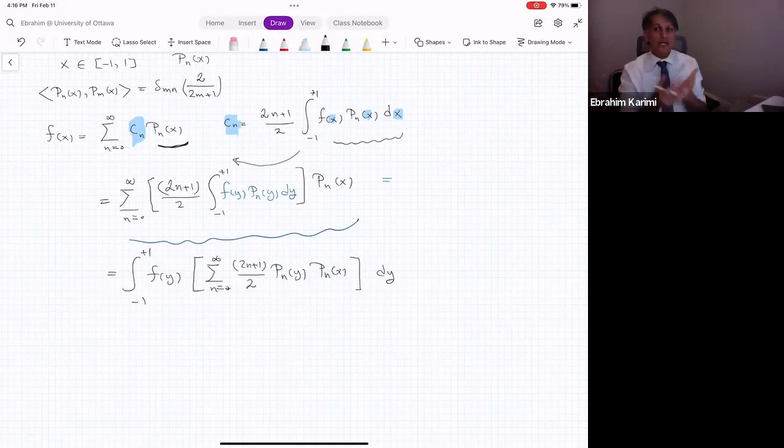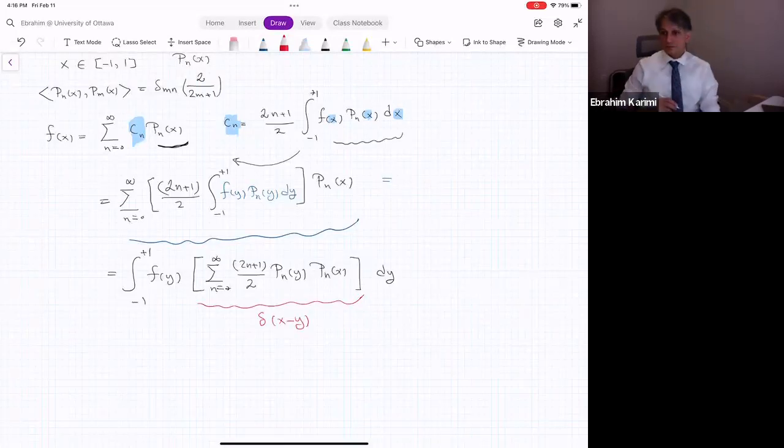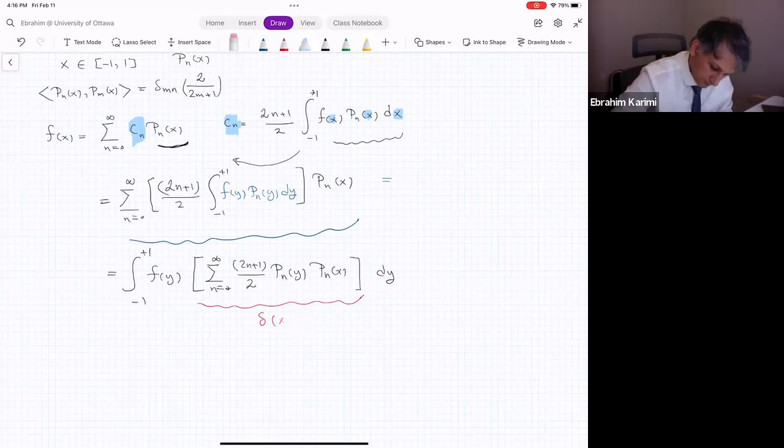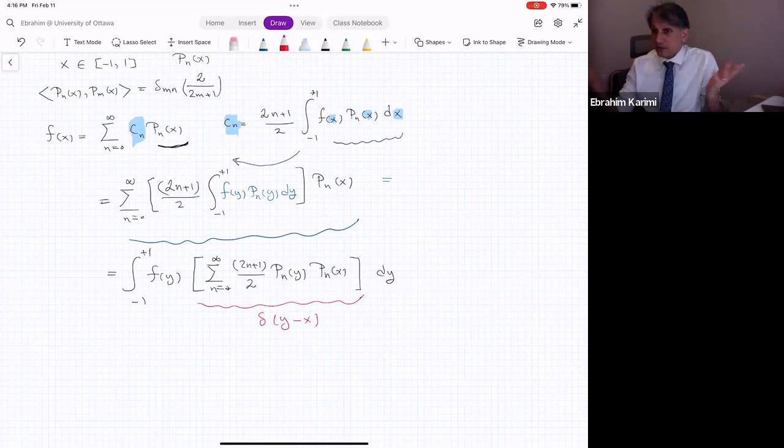In order to do that for any arbitrary function, it should be true and only true when the term inside of this bracket is delta of x minus y, or let's say y minus x. Do you agree? Only in this case can we do that.